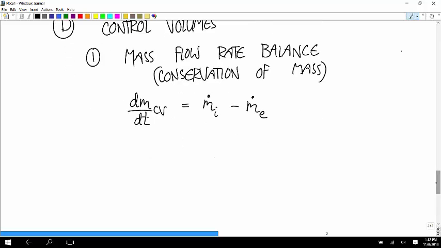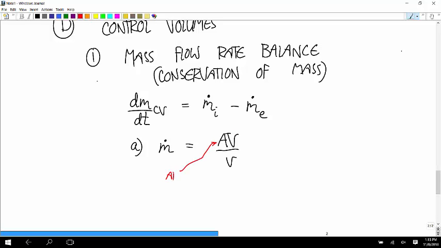And there are two additional equations that are useful. The first one is that the mass flow rate, this can be used at the inlet or the exit, or both, is equal to the area of the opening times the speed divided by the specific volume.